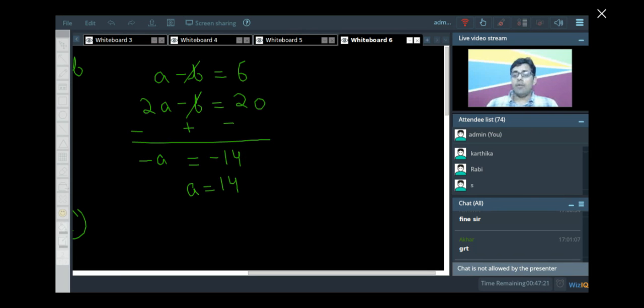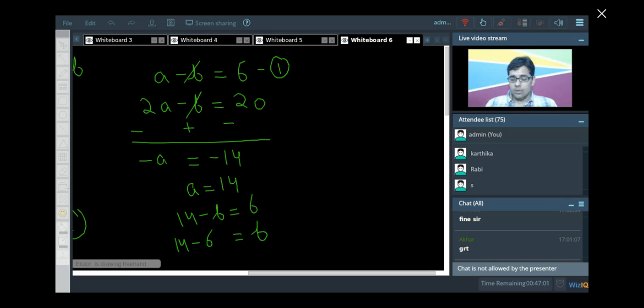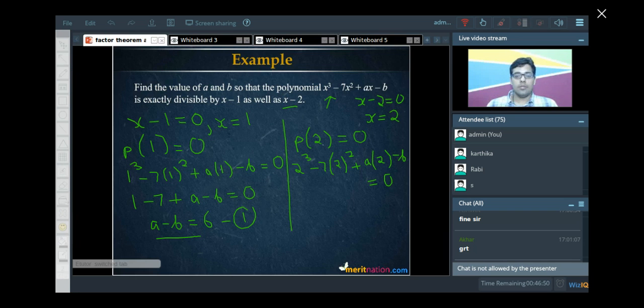By substituting this value of a as 14 in equation number 1, it will become 14 minus b equals 6. From here b will transpose to the right hand side, and then 6 will come here, 14 minus 6. So the value of b is coming as 8. The value of a is 14 and b is 8 for this given question.